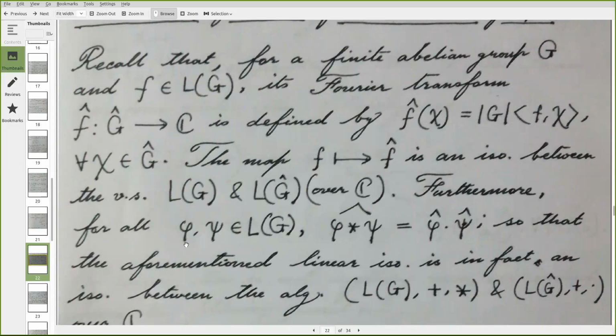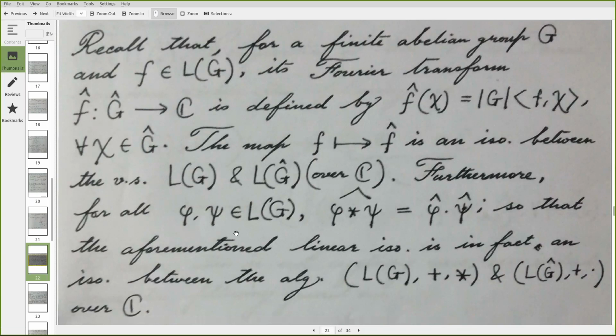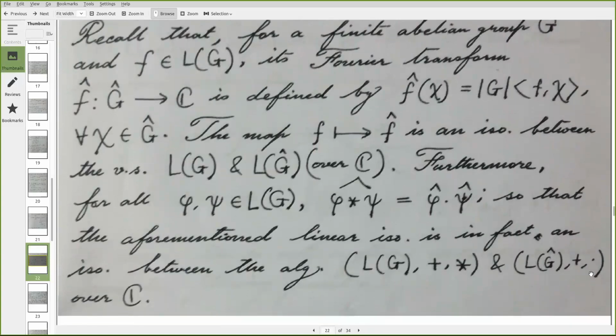Furthermore, we also see that for every phi and psi belonging to LG, the Fourier transform of the convolution is the pointwise product of their Fourier transforms. So this linear isomorphism becomes an isomorphism between the algebras over C. Because it's a linear isomorphism and it's a ring isomorphism as well.